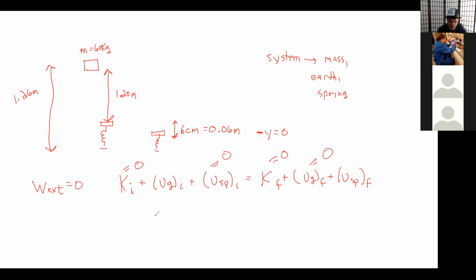So what I end up with is the initial gravitational potential energy of the mass equals the final elastic potential energy stored in the spring. Well, I know m, I know g, I know y initial. Actually, what are we trying to find here? Was it the spring constant? Yeah, we're trying to find k. Okay, so this delta x is just going to be negative 0.06 meters. My y initial is going to be 1.26 meters. I've got my mass. Basically, I'm just solving this equation for k.